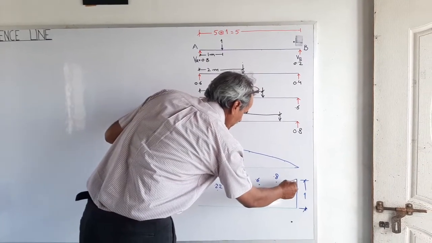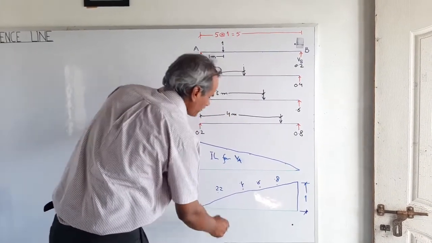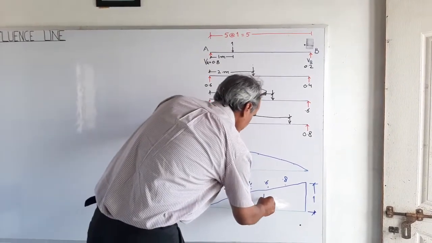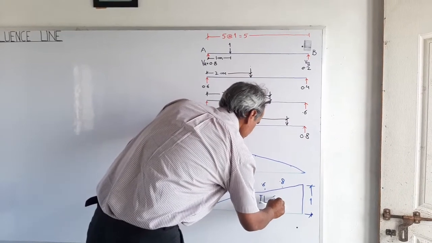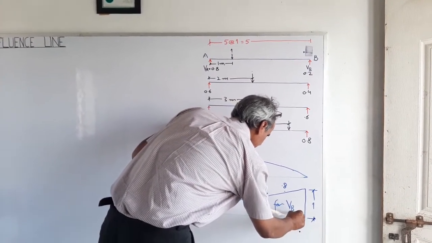So over here as well, it is a straight line influence line. This is the influence line for the vertical reaction at B.